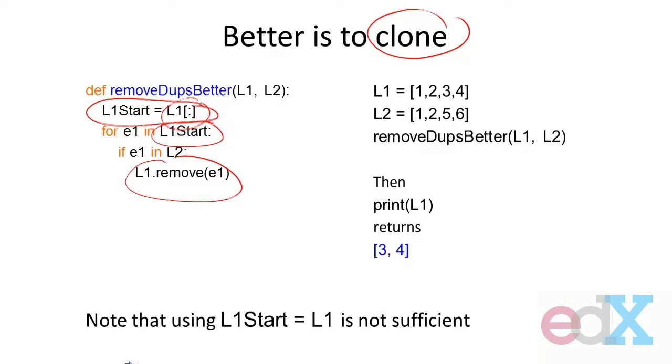If I were simply to have said instead, let's use L1 start just to be L1, rather than L1 with that funky thing at the end, it would not have worked. Why? Because if I say this form, L1 start points to the value pointed to by L1, which is the list itself, and I'm back to the first state. By using L1 with the colons, I literally make a copy, and now I can walk down a copy, checking for duplicates, while changing the original list itself.